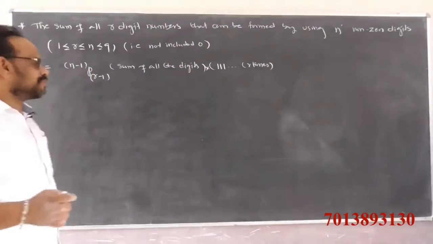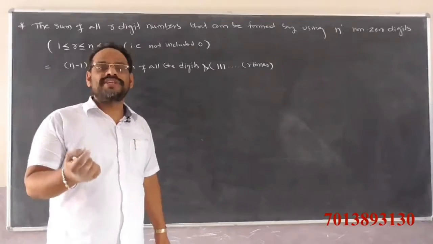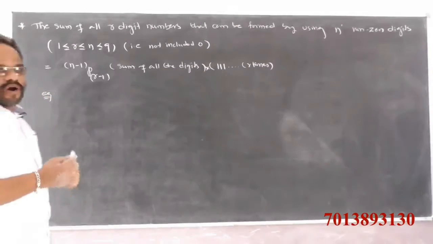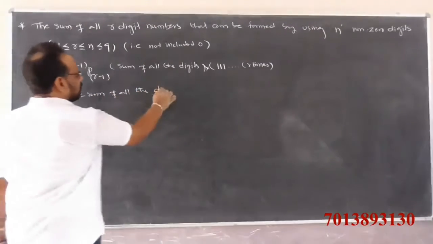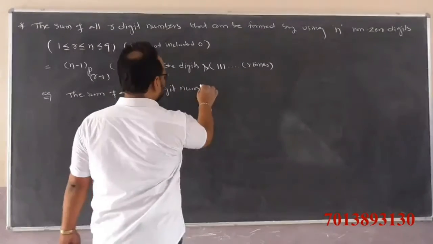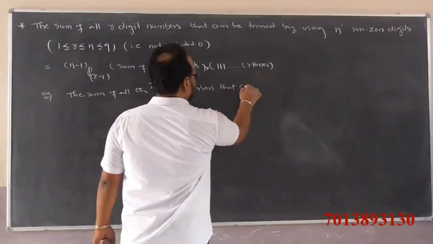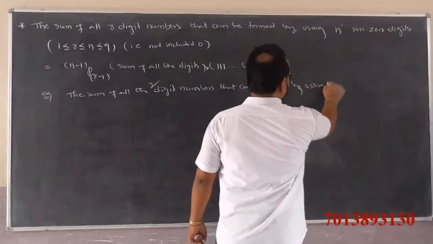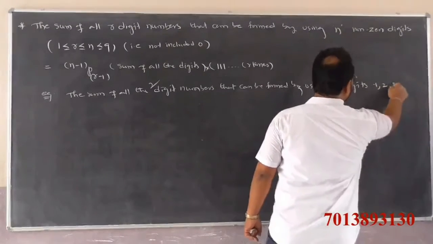Already we discussed in a previous example the sum of all the 2-digit numbers that can be formed by using the digits 1, 2, 3.